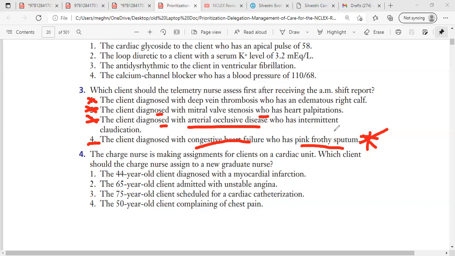It is a sign of pulmonary edema, and this is a medical emergency. The nurse should go and assess number 4, and this is the answer.